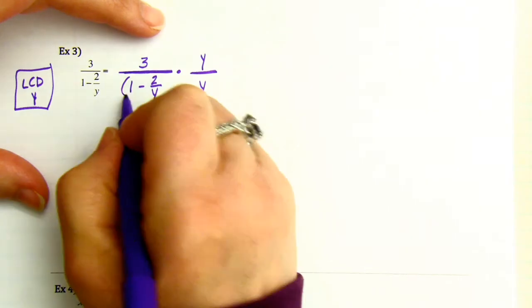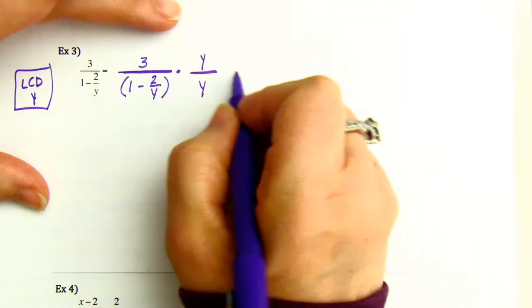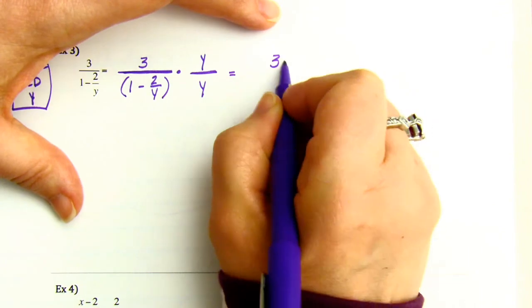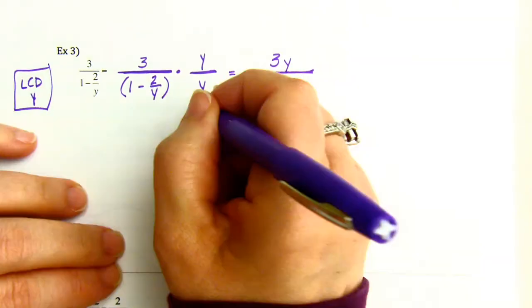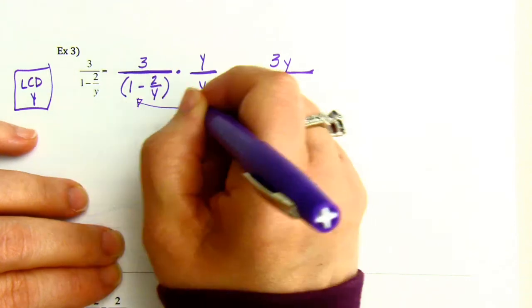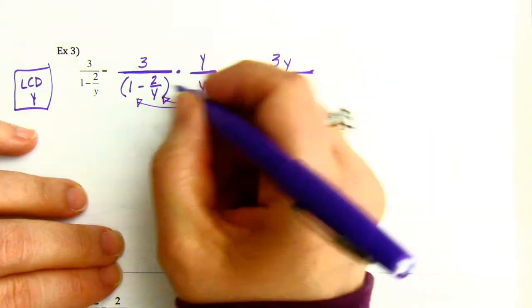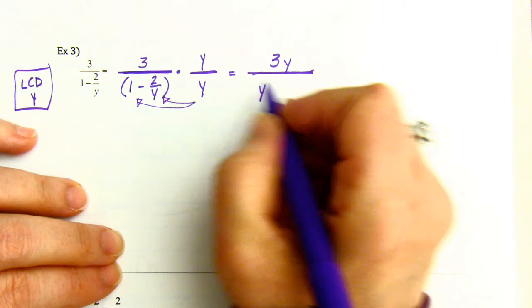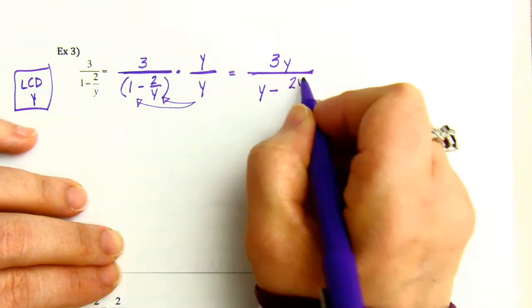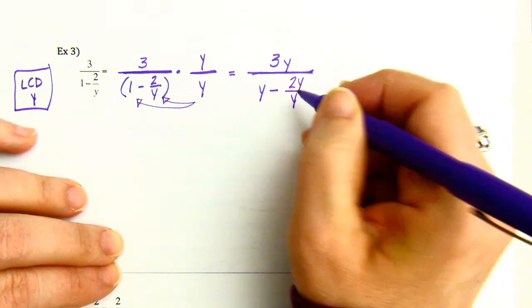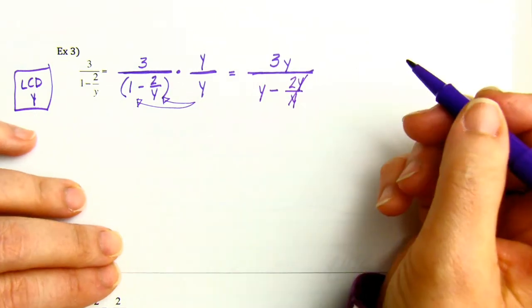This is a quantity. The top is just 3y. The bottom, when I distribute, becomes 1 times y is y. Subtract 2y over y. These y's divide out, right?